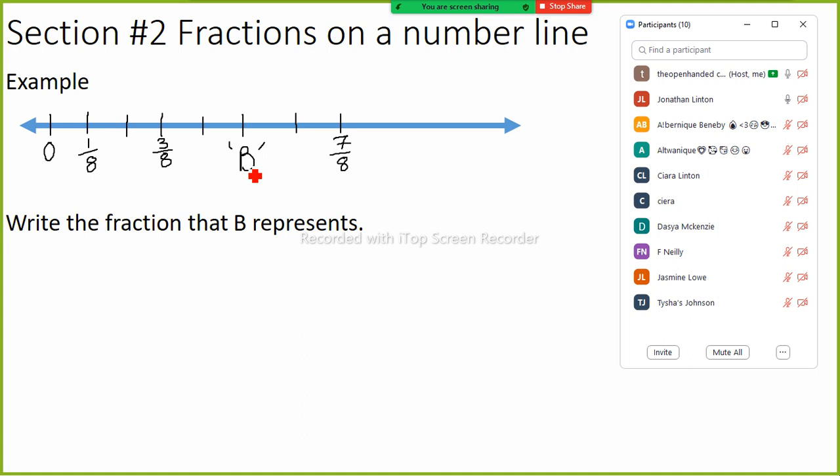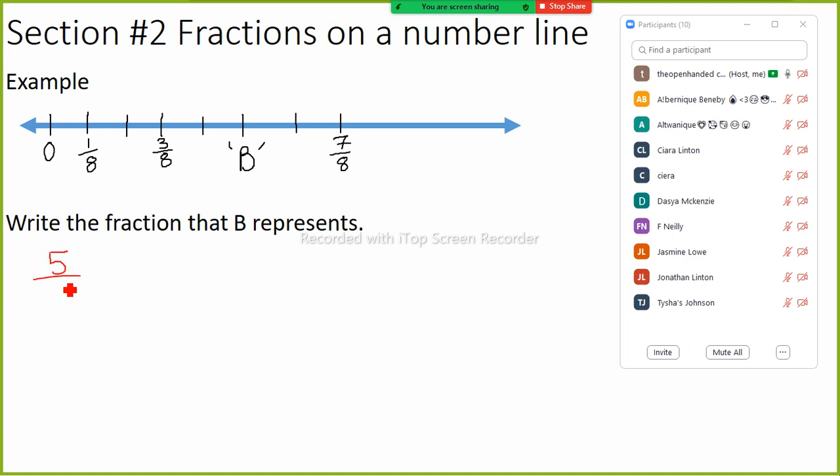Because 1, and then the next one would be 2, then the next one would be 3, next one would be 4, and then B would be 5. Very good. So B represents the fraction 5/8.